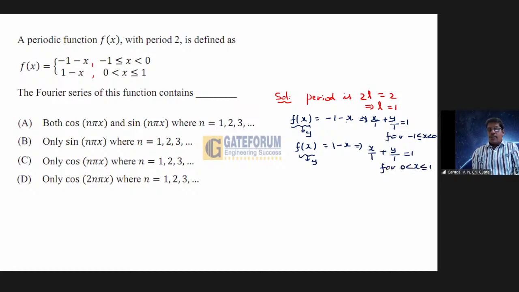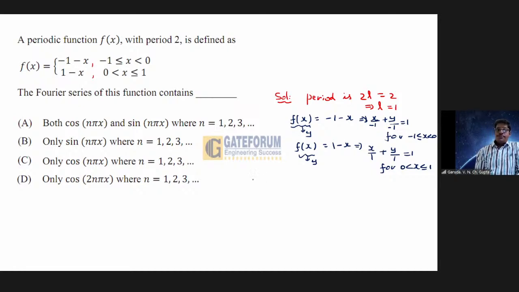Here the right side is minus 1, so y is equal to minus 1 minus x. Shifting this minus x to the left side, x plus y is equal to minus 1, and then dividing by minus 1, you will get x divided by minus 1 plus y divided by minus 1 is equal to 1. So both intercepts are minus 1.